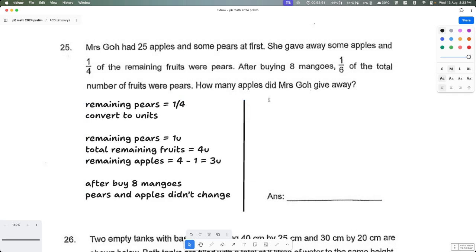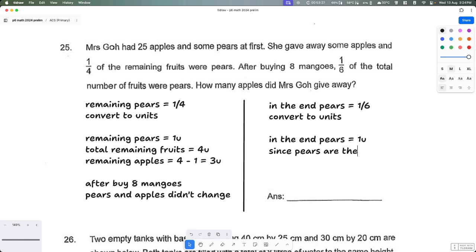In the end, pears is equal to 1/6. If you convert to units again, in the end pears is equal to 1 unit. Since pears are the same, the total is equal to 6 units.